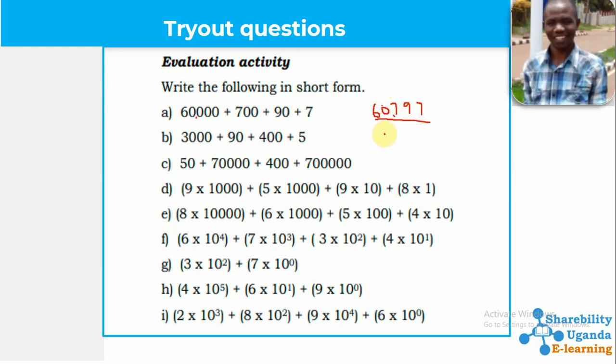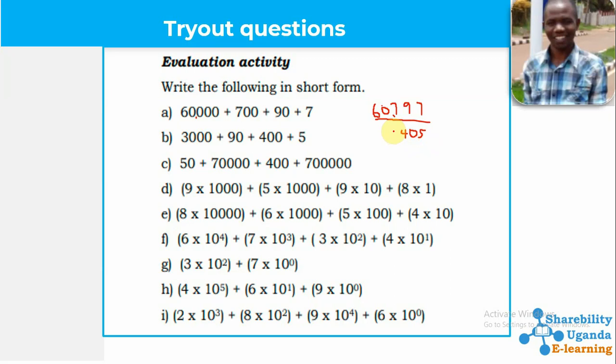Also this one you can say is the same as 5, and this is the same as 0, because this was 400. Remember after 4 there are some zeros. Then also this is going to be 90.